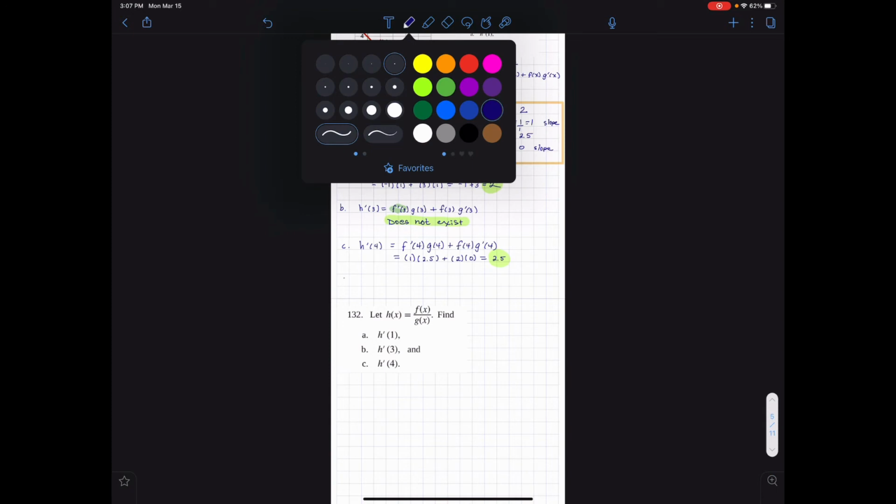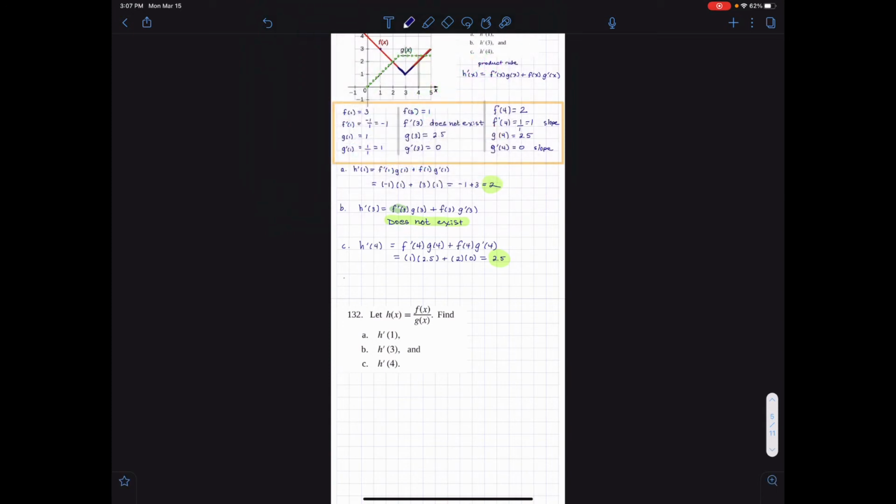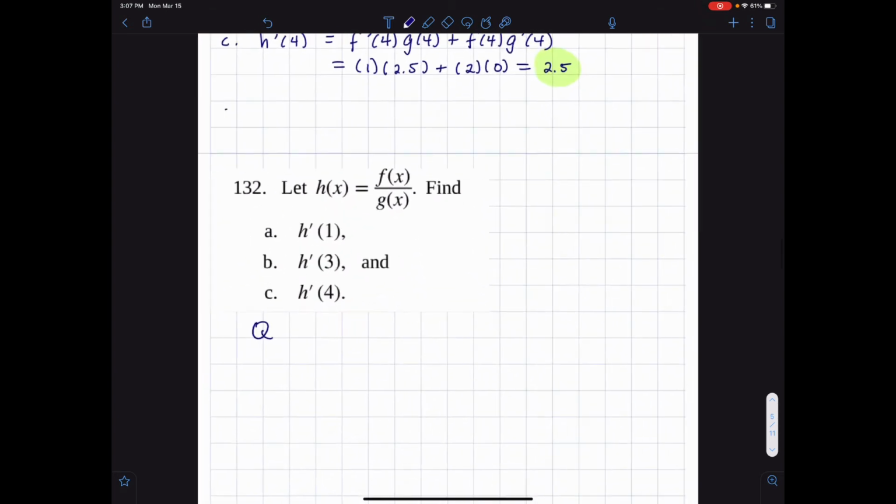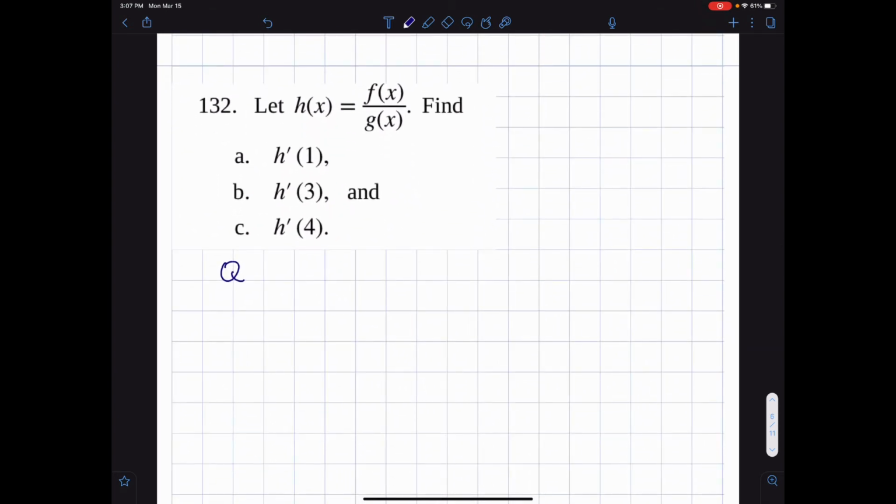For 132, the problem is h is f divided by g. So when I have h is f divided by g, I'll use the quotient rule. So (f over g) prime of x is going to be the numerator's derivative, f prime, times g. f is in the numerator, we take the derivative of that first, then we multiply by the denominator.